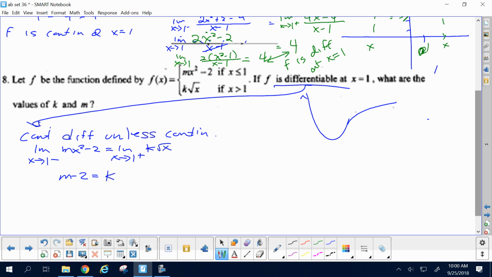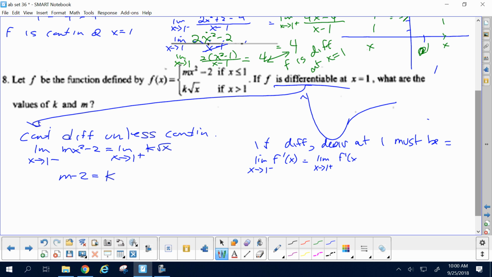Now, if it's differentiable, then their derivatives at 1 must be equal. Let's say the derivative of the function as x approaches 1 from the left needs to equal the derivative as x approaches 1 from the right.